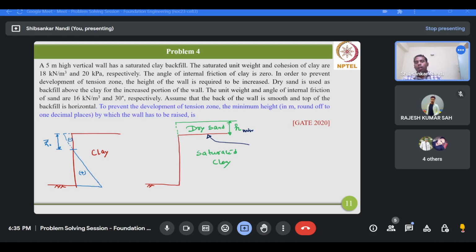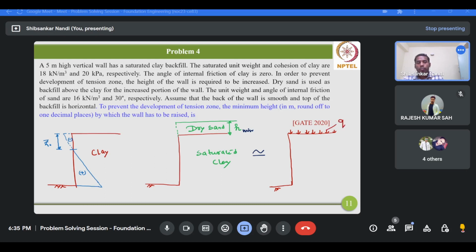Okay. Now, what is the advantage of placing this additional or minimum height which is filled by dry sand? Now, this is the equivalent problem statement. So the equivalent problem statement would look like this: whenever you place a dry sand fill of height H minimum on the saturated clay, this dry sand will impart some uniformly distributed surcharge above the saturated clay.